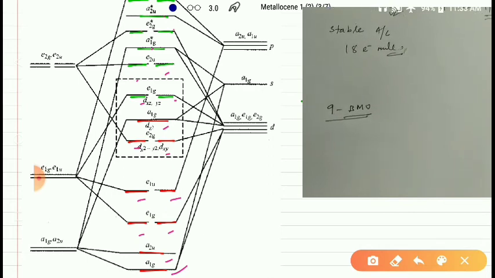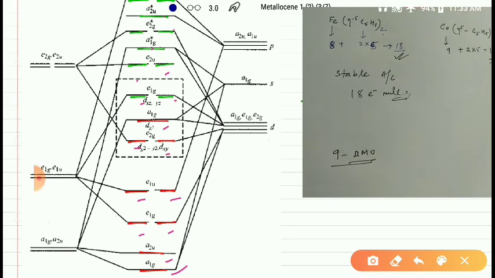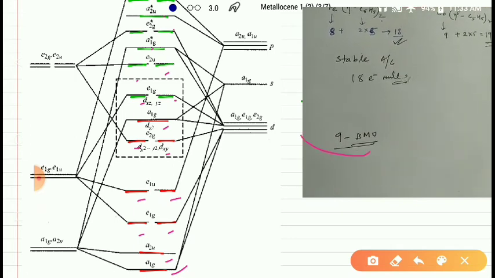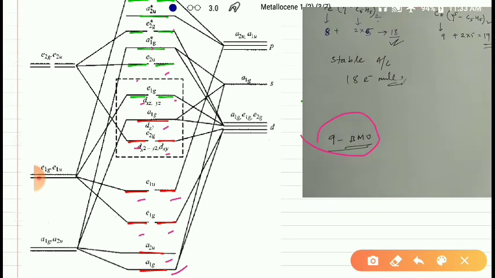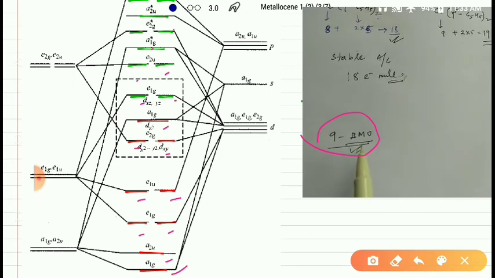In the case of ferrocene, they have only 18 electrons, so they are only in the bonding molecular orbitals, because 9 bonding molecular orbitals are present, and 18 electrons can easily fill all 9 of them.